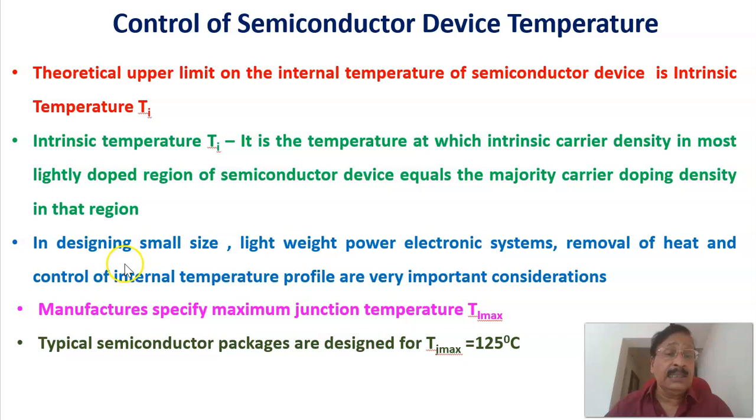In designing small size, lightweight power electronic systems, the removal of heat and the control of internal temperature profiles are very important considerations. Therefore, manufacturers specify the maximum junction temperature, called TJ max. Typical semiconductor packages are designed for TJ max equal to 125 degrees centigrade.